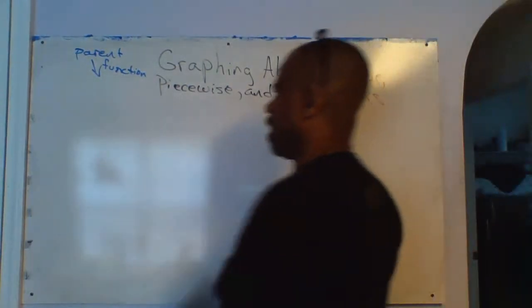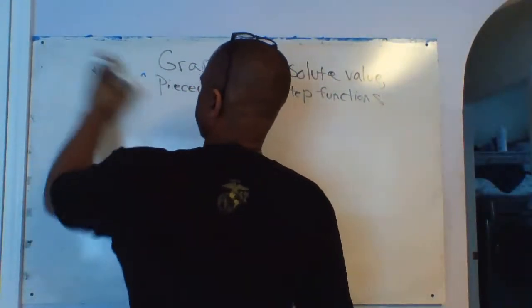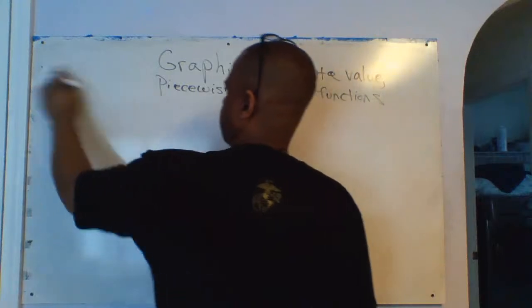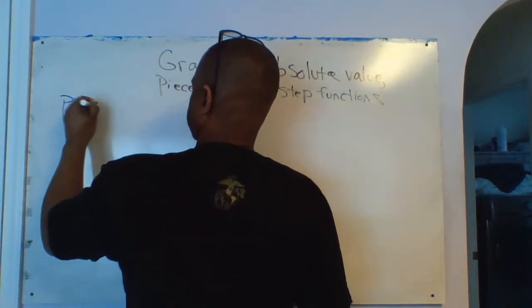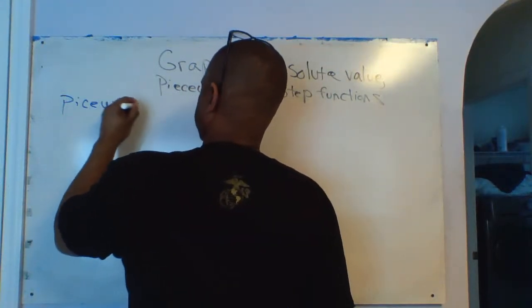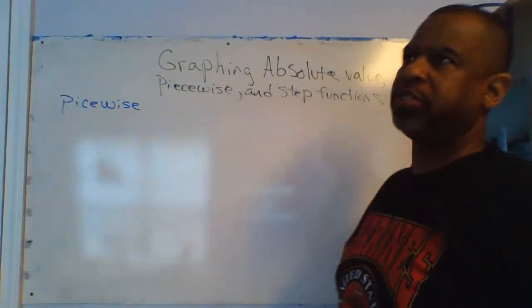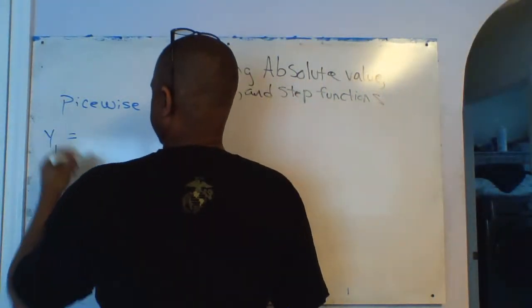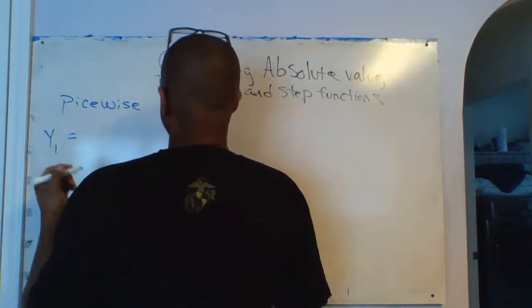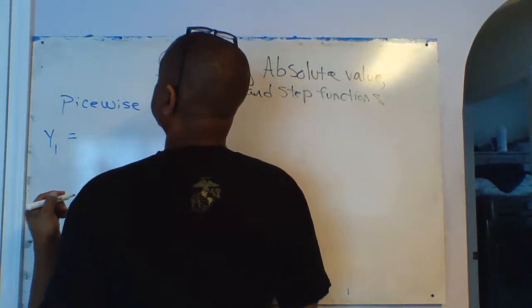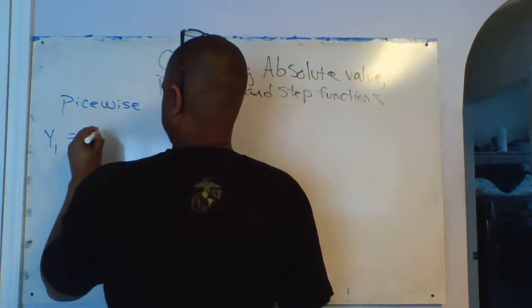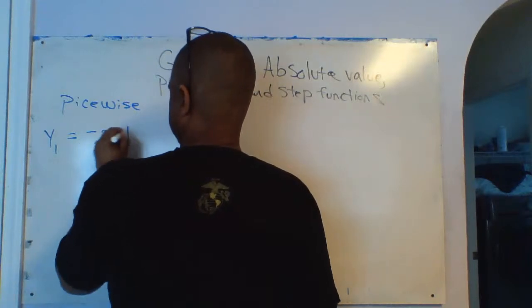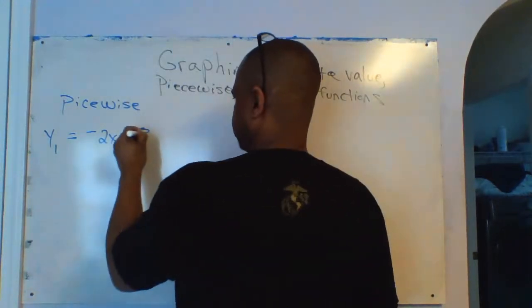So we've got three functions. Now we're going to talk about piecewise. In other words, you're only taking a piece of the function. Let's say we have y1 is equal to negative 2x plus 3.